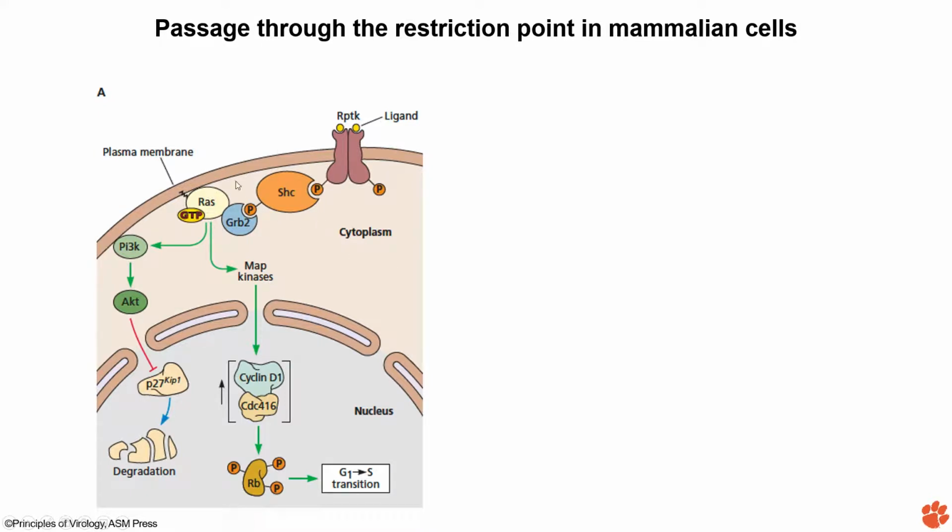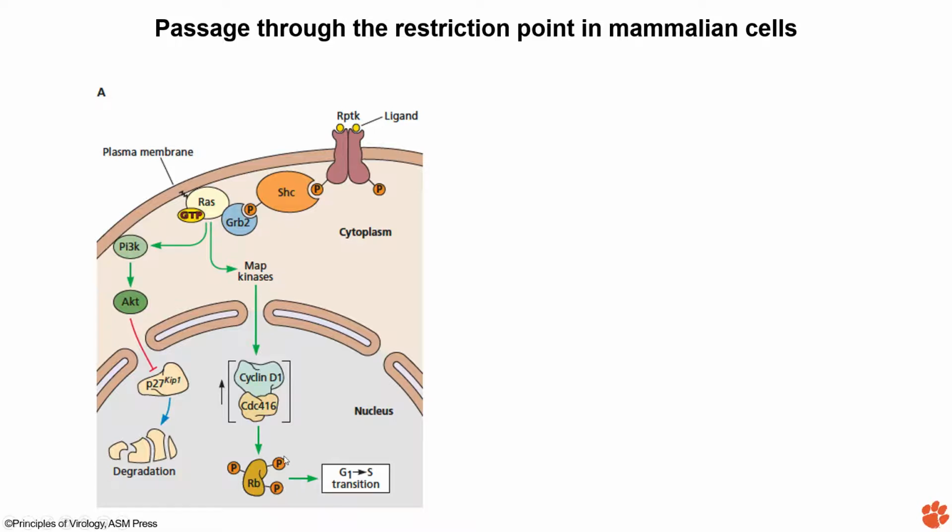So once this signal transduction pathway goes in, the final product is that it activates this cyclin and CDK4. Note that this is not CDC4, and it's 4/6. So it's cyclin D1 with CDK. This is actually CDK. I hope that I corrected that in the writing.